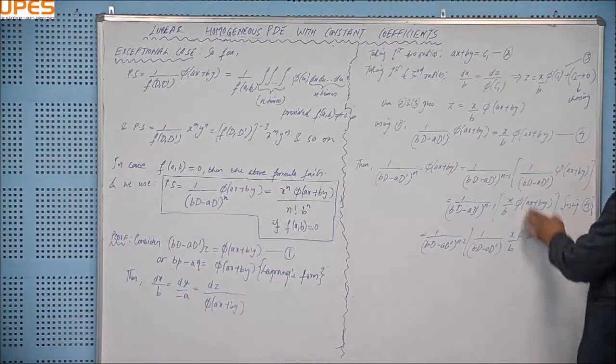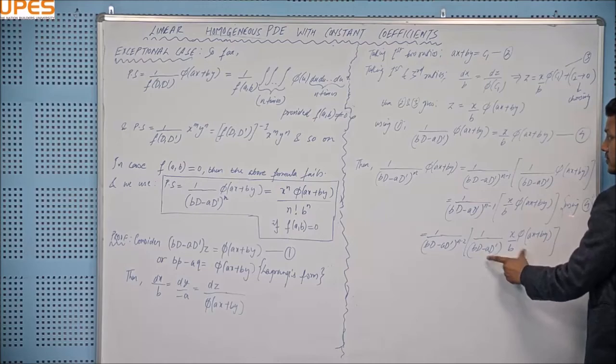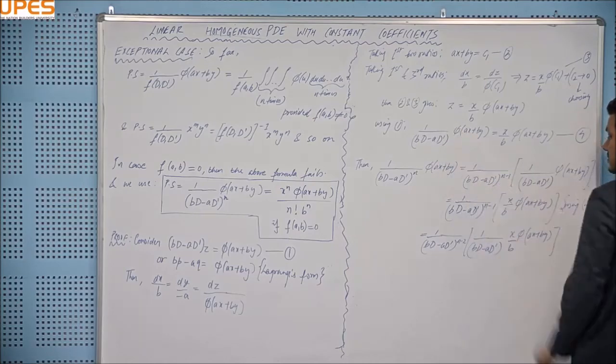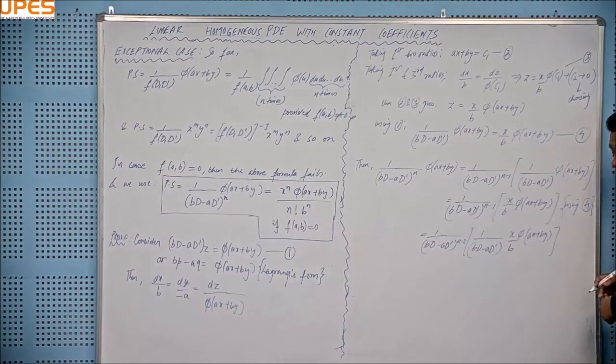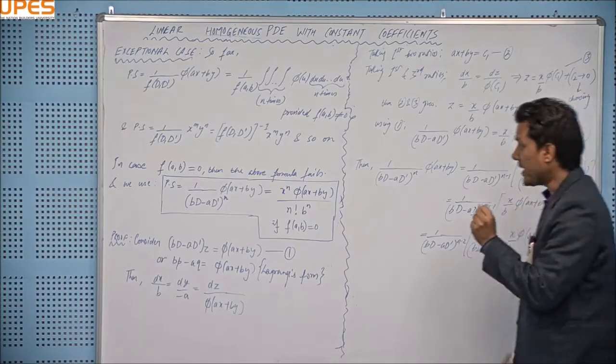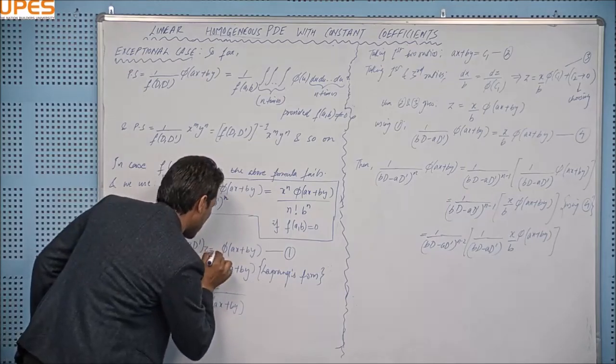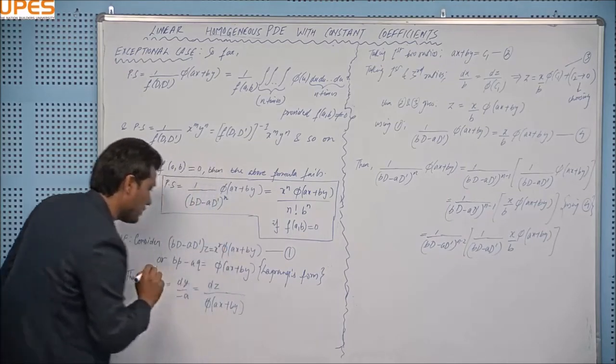But again I am trying to use this equation number 4, but unfortunately the difference is that here I don't have x, this time I have x here, and that is creating the problem. To compensate this x I have to do some modification on the proof. Should I write it here, capital X to the power r? Yes, x to the power r, because that will balance our calculation.